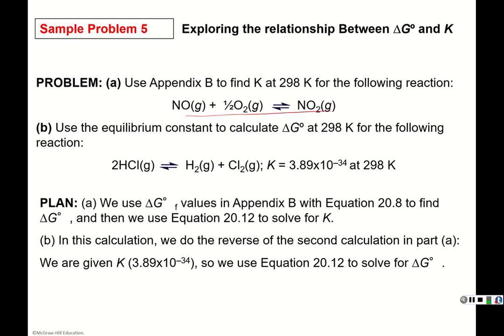Okay, part B, use the equilibrium constant to calculate delta G naught at 298 for the following reaction. So here we have another reaction, 2HCl plus H2 plus Cl2, and we have a given K value and a given temperature.